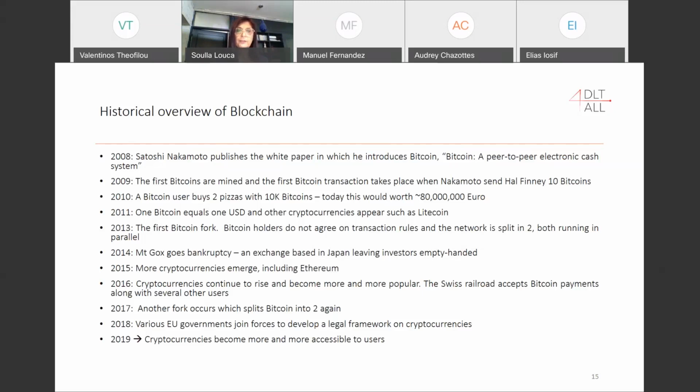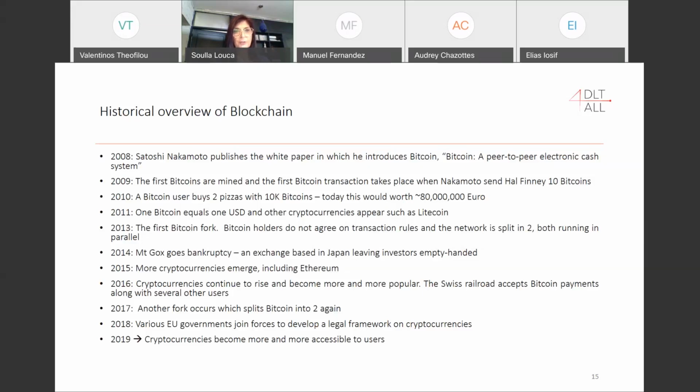In 2009, the first Bitcoins were mined, and the first Bitcoin transaction took place when Nakamoto sent Hal Finney 10 Bitcoins.